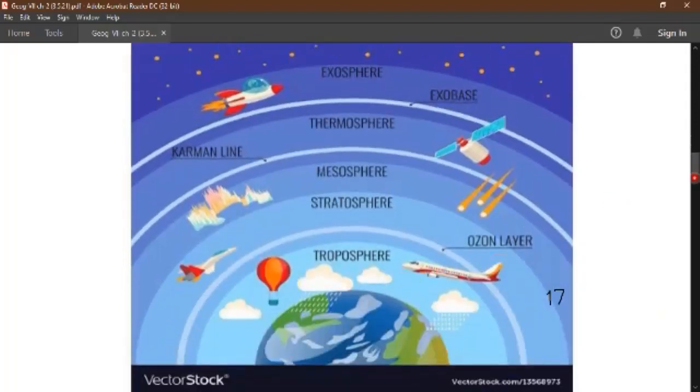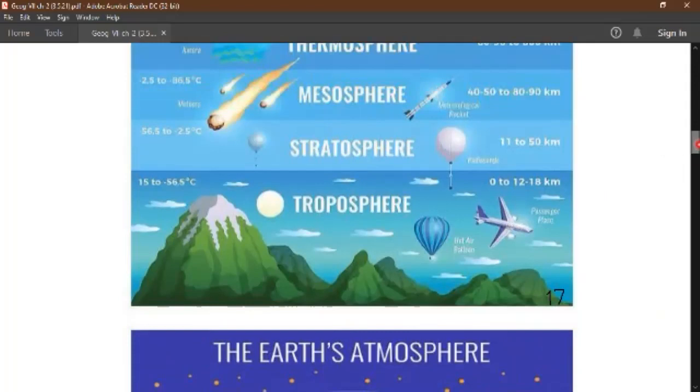So in the troposphere, as we start moving towards the higher altitude, the temperature starts decreasing. This decrease in temperature with increase in height is known as normal lapse rate. The average decrease is 1 degree Celsius for every 165-meter altitude.